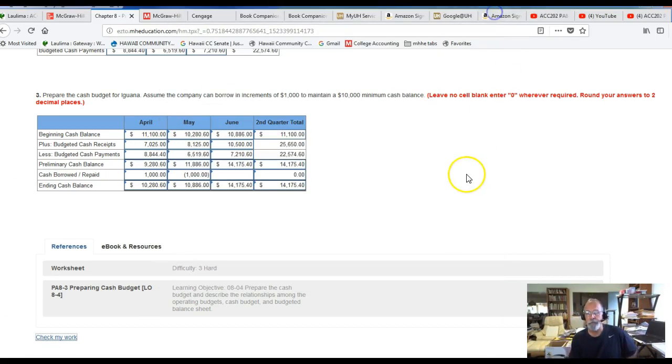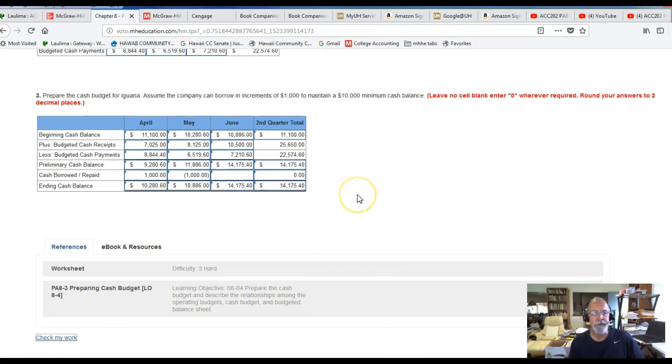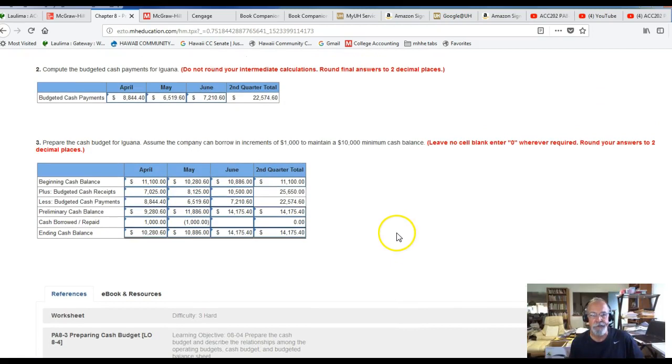And then finally, putting the cash budget together. So basically, when we summarize it, that's what number 3 is asking for. What we start out with, what we expect to receive, budgeted cash receipts, less what we expect to pay, budgeted cash payments. And so if we add these 3 amounts, we come up with a preliminary cash balance.